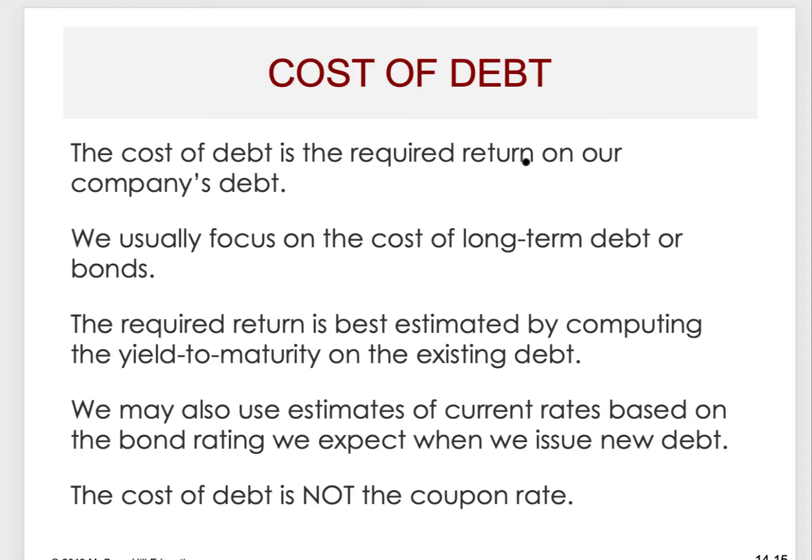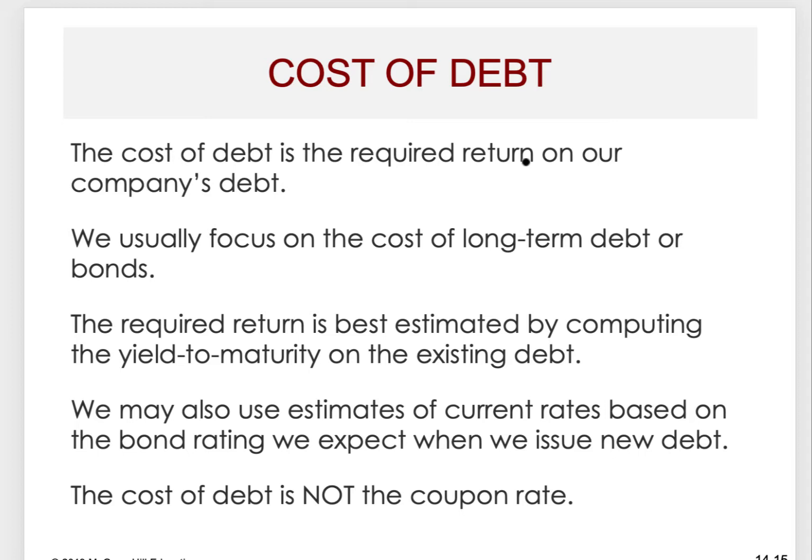Again, very important to point out. Last semester, when we were calculating bonds and whatnot, we considered the coupon rate. Keep in mind that the coupon rate was the cost of debt for the company when the bond was issued.